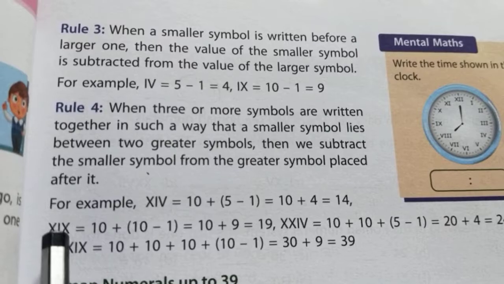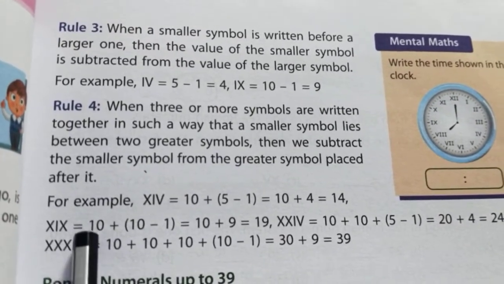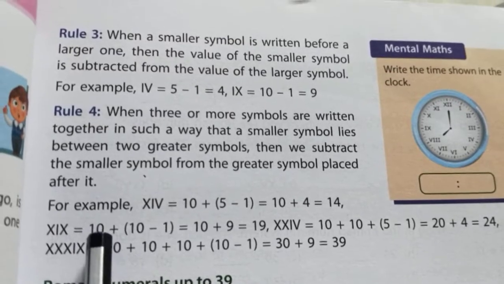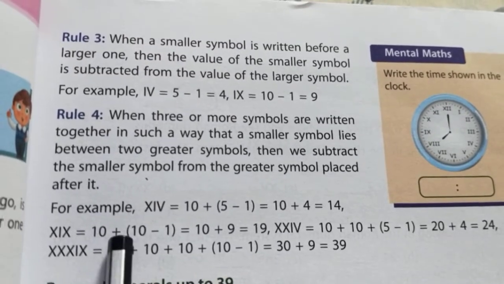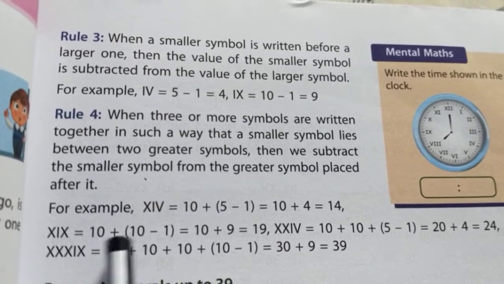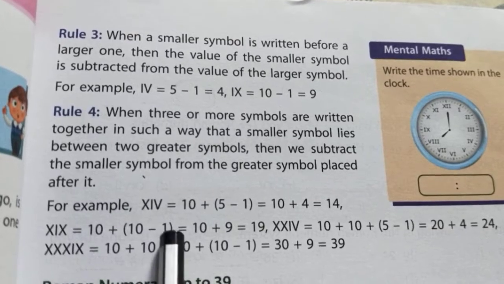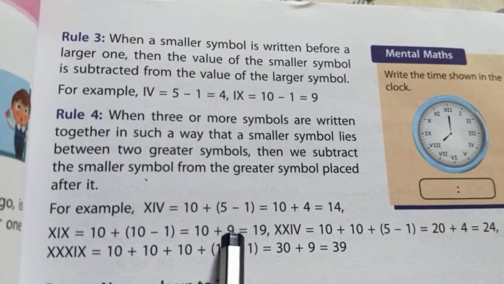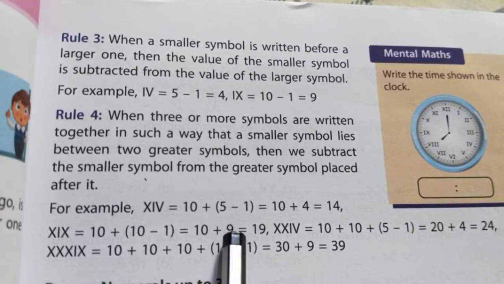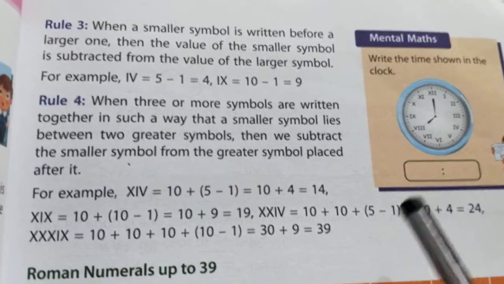Now the next example is XIX, which is equal to 10 plus (10 minus 1). First you write 10, then 10 minus 1 will be 9, so you add 10 plus 9, which will be equal to 19.